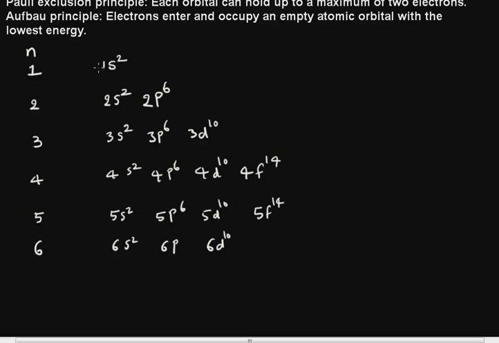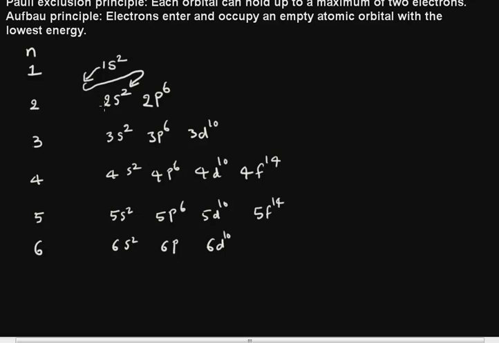Let me draw these arrows diagonally, and we simply follow these arrows when we fill the electrons in an atom or an ion. The first electrons that are filled are 1s. Once the 1s is completely filled, then we fill 2s. So 1s followed by 2s.